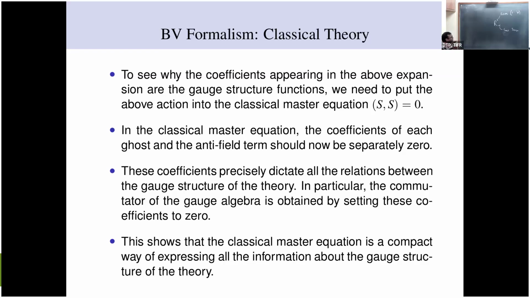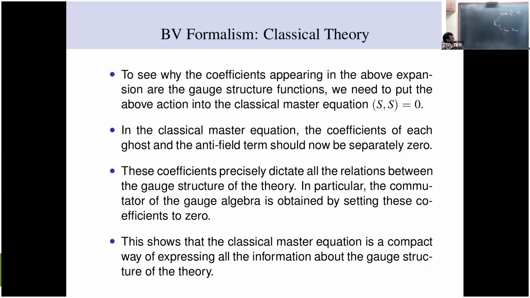And these coefficients which appear in this expansion of the anti-bracket being 0 precisely dictate all the relations of the gauge structure of the theory. In particular, all the commutators which we had seen earlier in studying this gauge theory are obtained by setting these coefficients to 0.